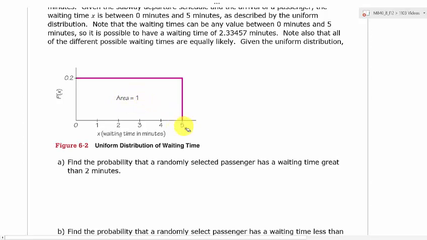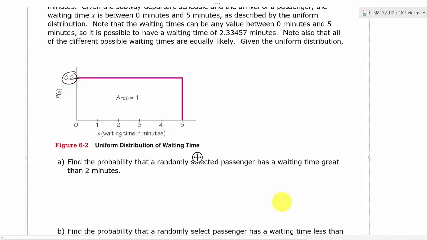And so usually you'll be at least given the range of x values. So this one was between 0 and 5. And then sometimes you might have to calculate the height of this rectangle. The height of this particular rectangle, we know it's on here already, it's 0.2.